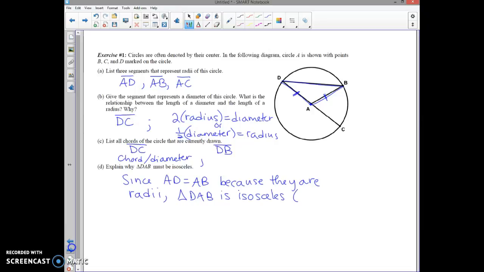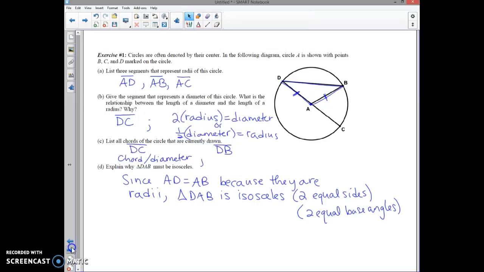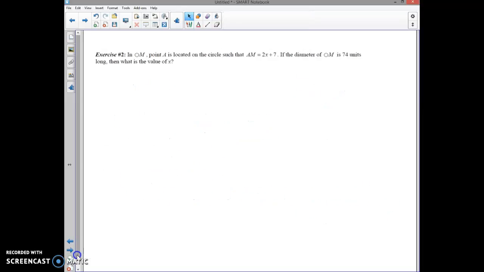And isosceles, remember, has 2 equal sides. It also has 2 equal base angles. Pause if you need to get all of these notes.